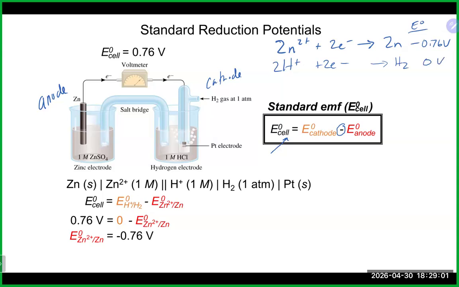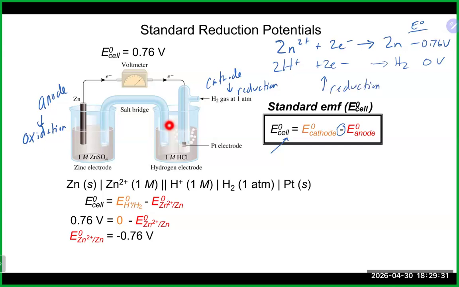Now, when we have a galvanic cell, because it's a redox reaction, we have the anode where oxidation takes place, and we have the cathode where reduction takes place. Now, for the cathode in this situation, you are good when you go to that table because every one of those reactions that you'll see in that table are written as reduction reactions.